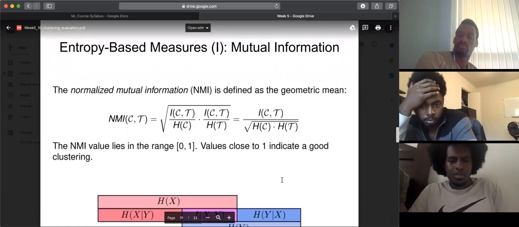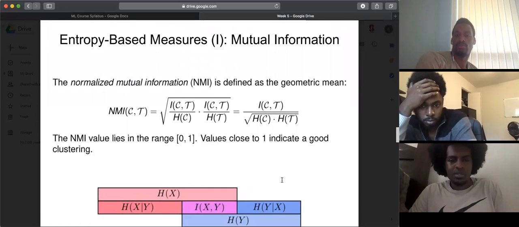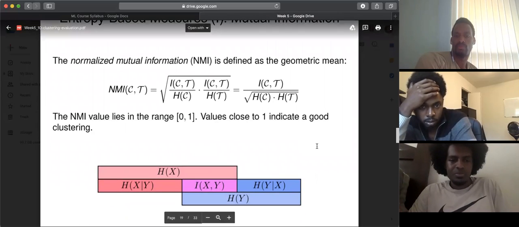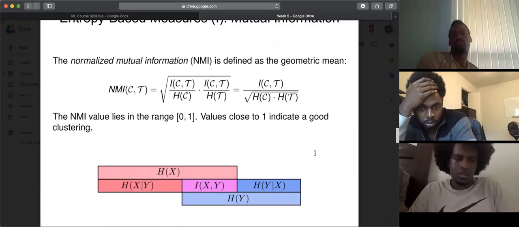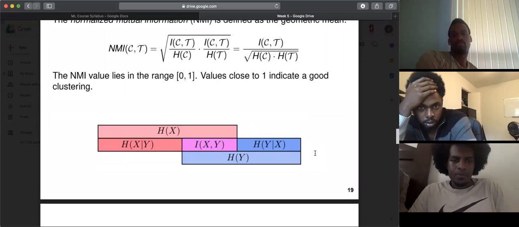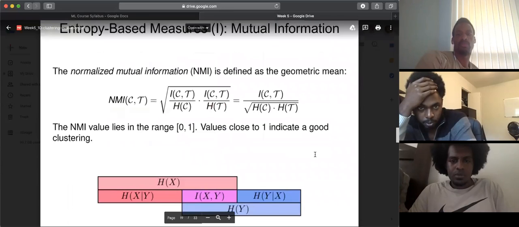I'm not exactly sure why you would normalize your mutual information, other than it might just be less data to store. But this is how you would do it. Take the information of the joint C and T, and then take the square root of the product of the entropy of C and T. Does that make sense?